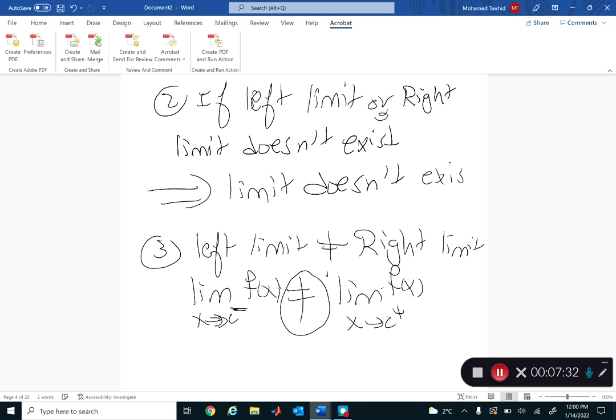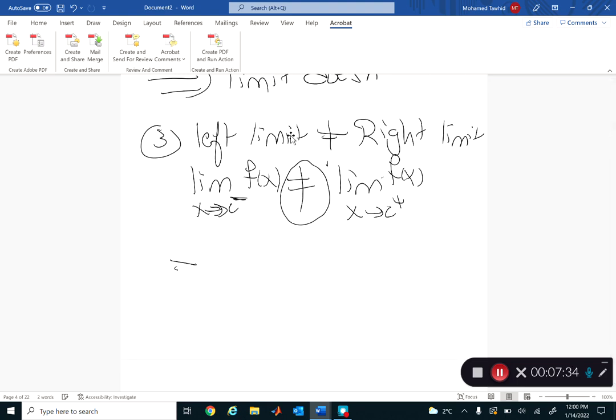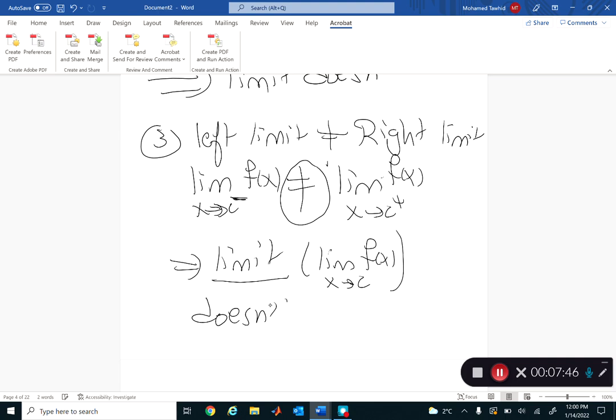If they are not the same, then you quit. Then the limit itself, limit x close to c of f of x, does not exist. So that is the summary of our goal today.